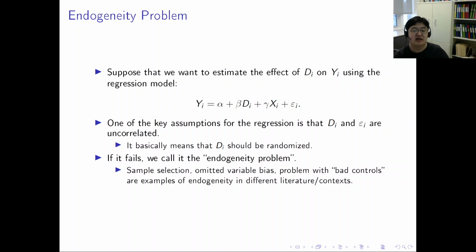When a variable is endogenous, it is not randomized perfectly, and the endogeneity problem is another name for selection bias, omitted variable bias, or bad controls. We have learned some problems in different contexts, like in causal inference or with other examples, but they are basically examples of endogeneity in econometrics, depending on the context and the literature. So basically, they are the same thing.